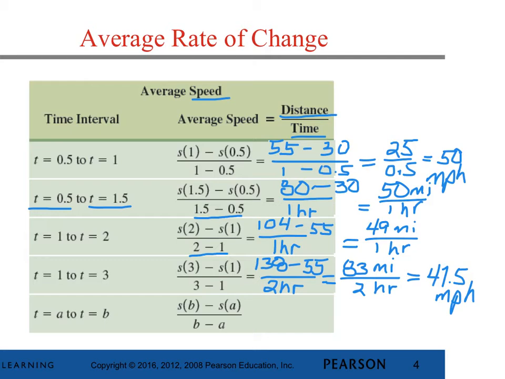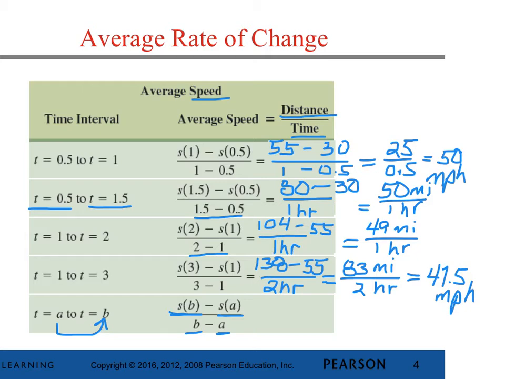So in general, when we're talking about the average speed from time A to time B, at the end of time B, we had gone whatever distance we had traveled in those B hours. And at the beginning, we were at time A, and its output value, its distance, was the distance we had traveled in those A hours.